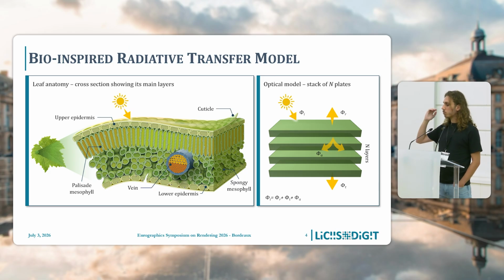So we abstract each part of our leaf with plates, and we accumulate a stack of plates to simulate our rendering. And with this stack of n plates, we compute our reflectance, transmission, and absorptions.